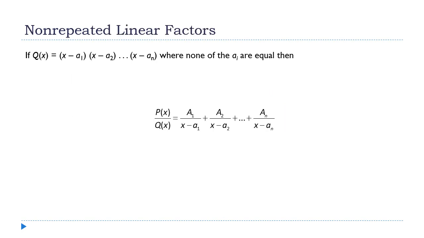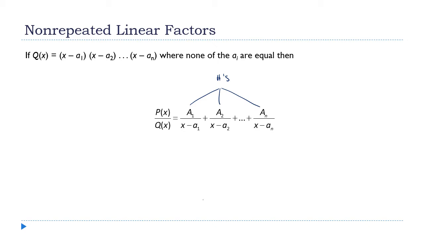let's look at the case where there are non-repeated linear factors. Each linear factor appears exactly once. And here's kind of what I'm going to do. I'm going to rewrite this as all of these capital A's on top, these are just numbers, right?